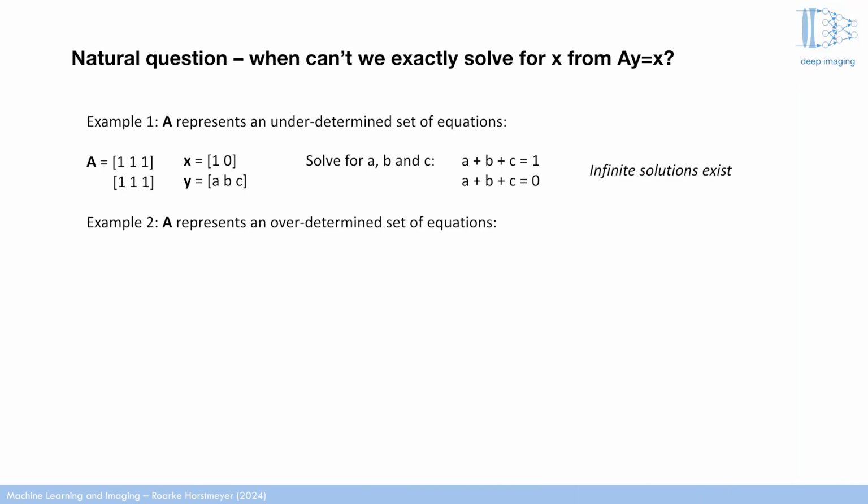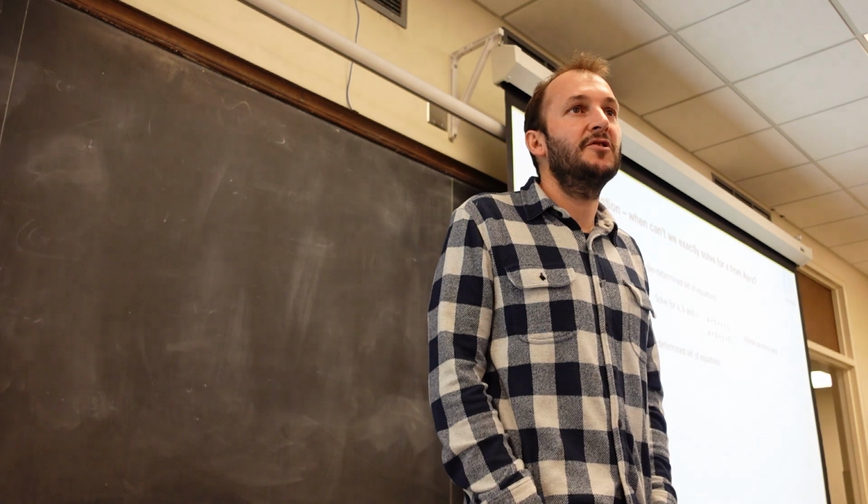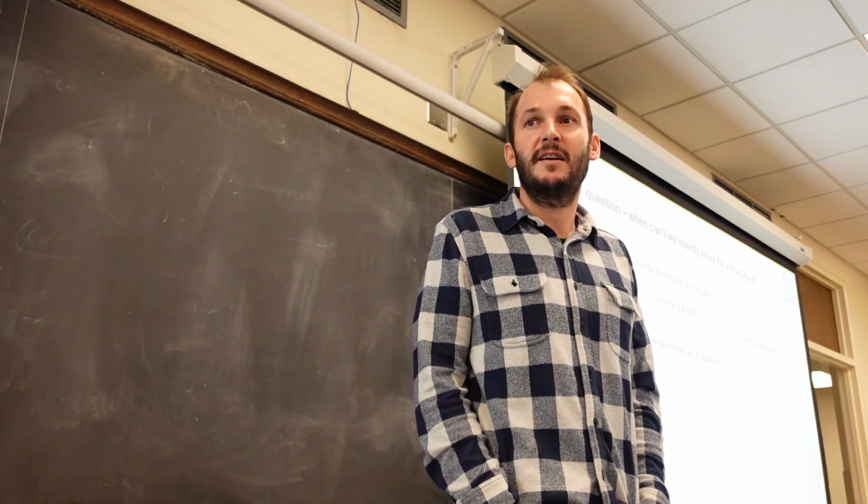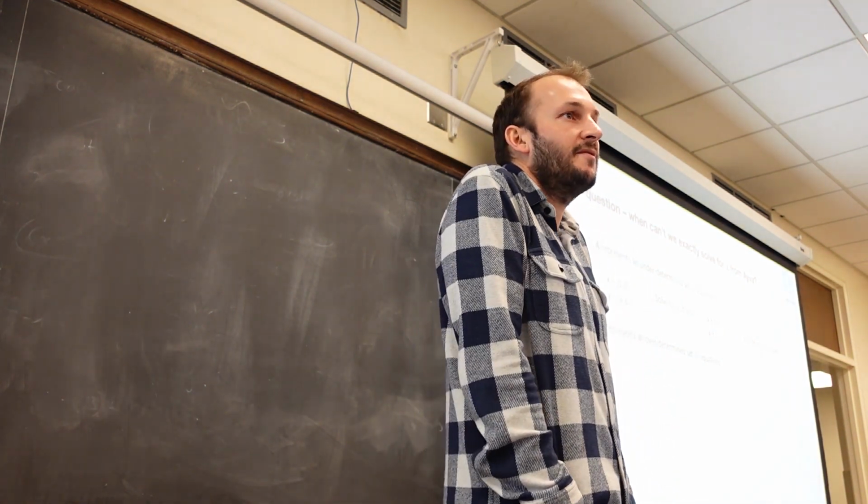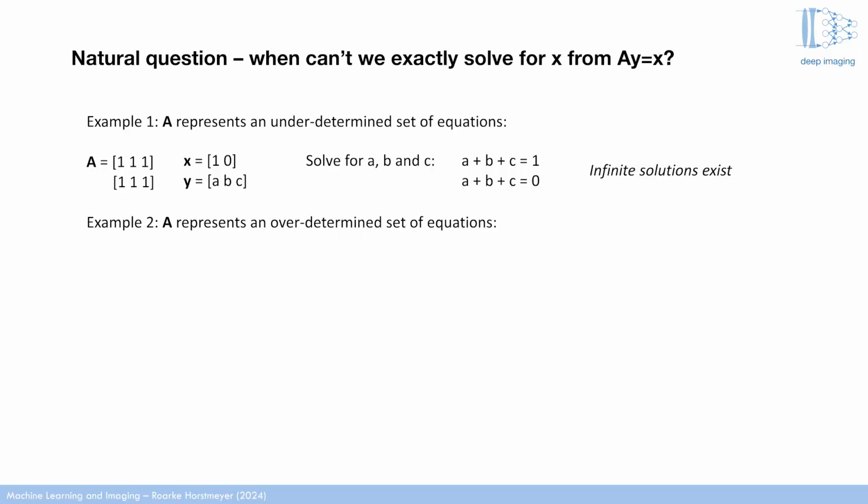And so if you just write out an equation, let's say x is 1, 0, and y is a, b, c, and you compute Ay equals x, you just get these equations. A plus b plus c equals 1, a plus b plus c equals 0. And there's an infinite number of solutions for a and b and c for that problem. So there's no way to figure out what the answer is. So that's one scenario where you have an underdetermined set of equations.